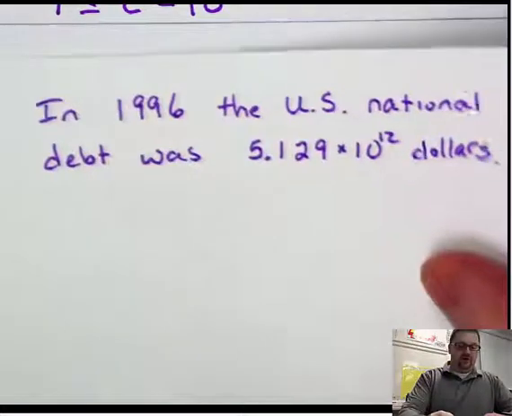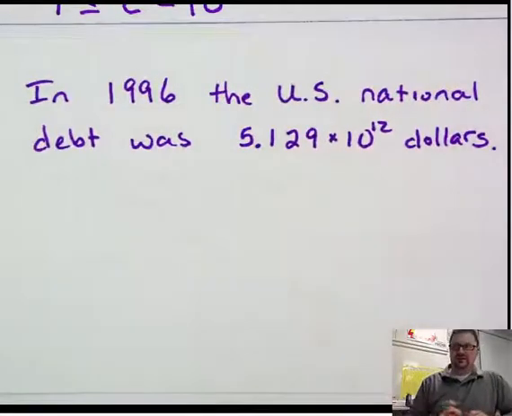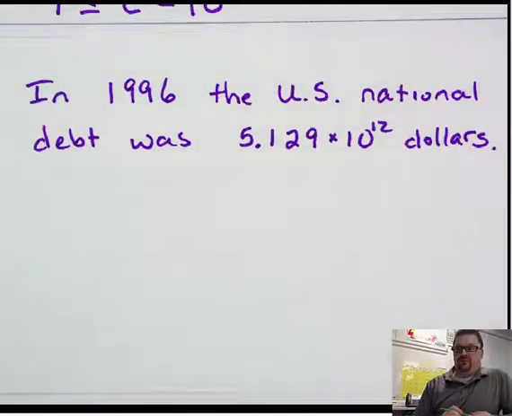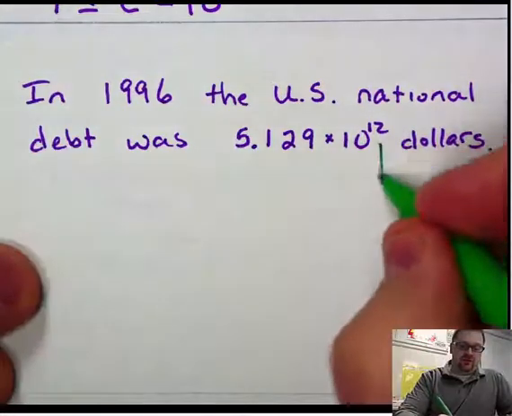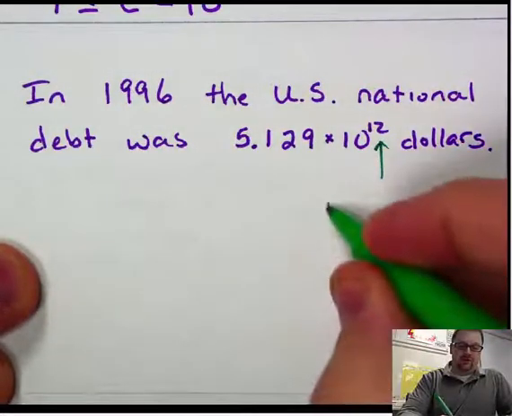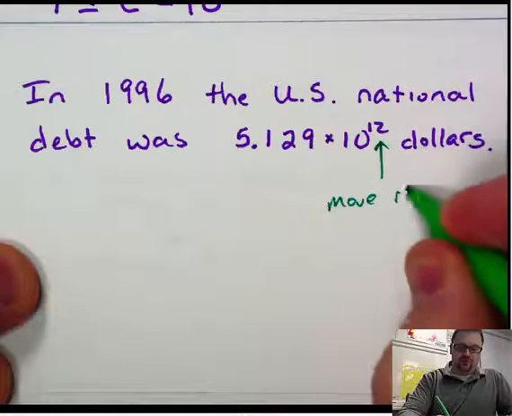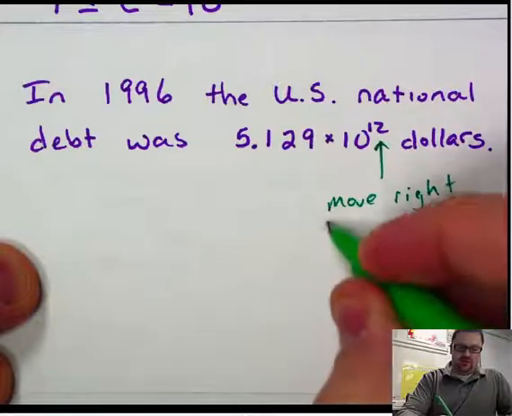Now we take a look here. In 1996, the U.S. national debt was 5.129 times 10 to the 12th dollars. I want to change that into standard form so I can have an idea of how much money that really is. I'm going to realize that 12 right there is positive. Positive numbers are to the right of 0 on the number line, so this tells me that I'm going to move right 12 spaces.